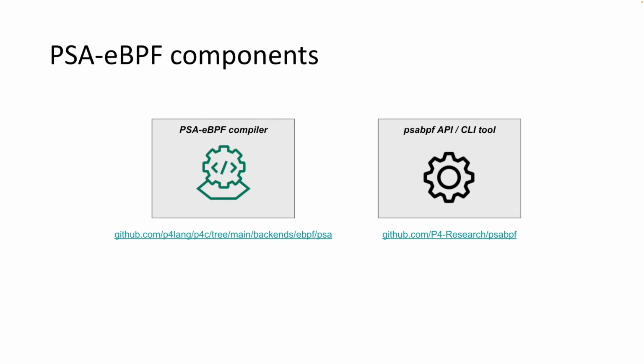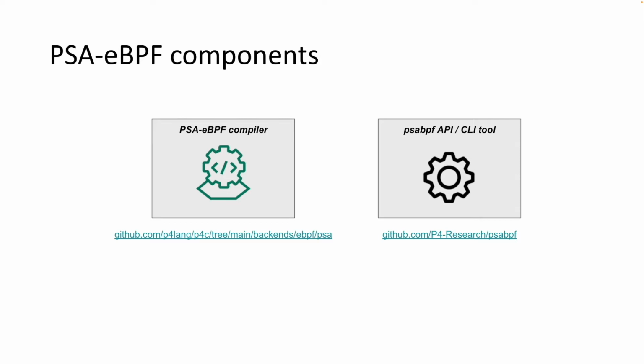The PSA eBPF basically consists of two components. The first one is the PSA eBPF compiler, which sits in the open source P4 compiler repository. The PSA eBPF compiler is responsible for generating the eBPF bytecode that can be further injected to the Linux kernel to process packets. However, loading and managing eBPF programs generated by the PSA eBPF compiler is not straightforward.